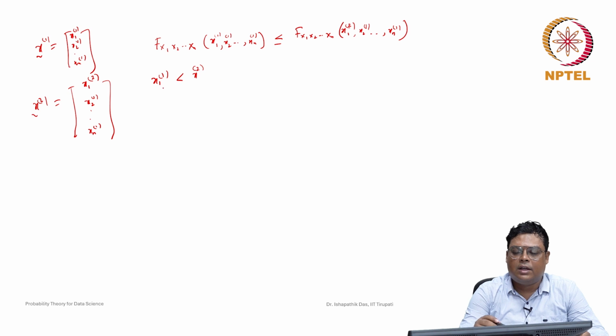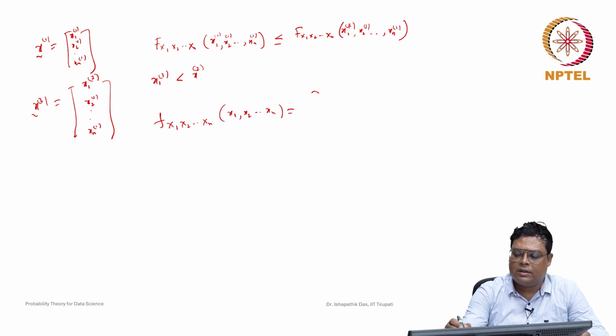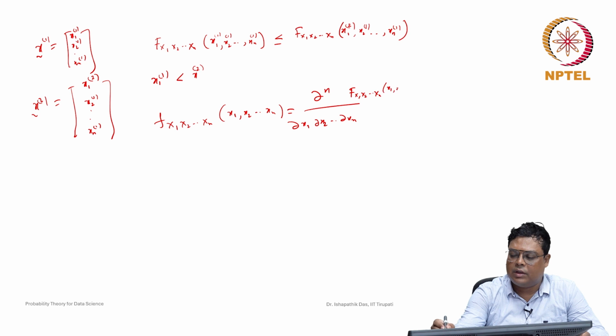In that case the partial derivative with respect to every variable will be greater than or equal to 0. So this derivative, del x1 del x2 ... del xn of f of x1, x2, ..., xn, will be greater than or equal to 0.